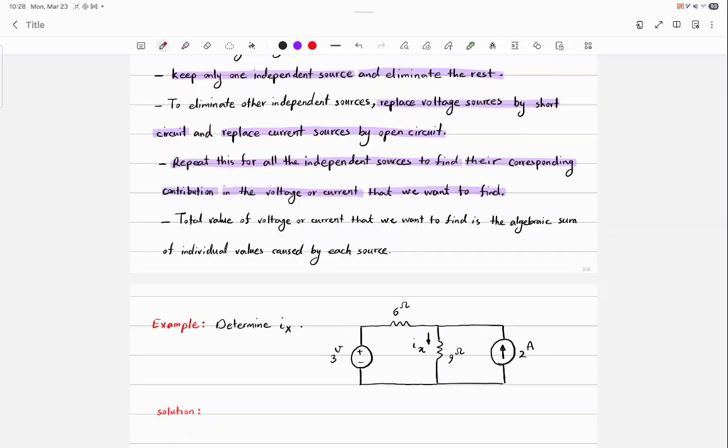So I don't know how to put more emphasis on this, but like this. Very important keyword in the sense that it actually tells you when linearity and superposition are being employed in that specific question. So if you see that keyword, right away, you have to think about linearity and superposition.